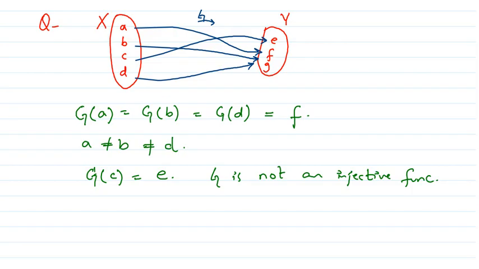Can we make such an arrow diagram that every distinct element of X is mapped to a distinct element of Y? No, it is not possible. Why is that so? The number of elements in set X is 4, and the number of elements in set Y is 3, right?